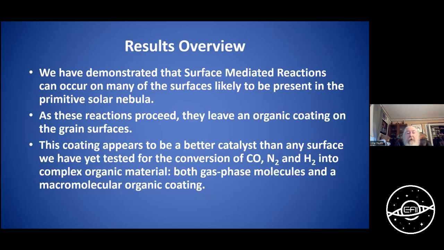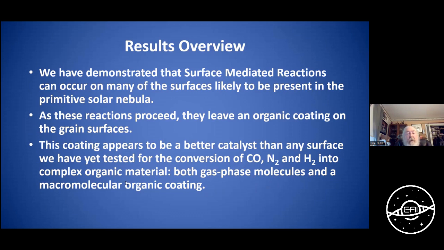The carbon monoxide depletion or the methane increase would be relatively slow. But as we used that catalyst, something that we were depositing on the surface would actually enhance the catalytic activity. And so the coating actually was a better catalyst than virtually any of the materials that we tested as our starting catalyst.